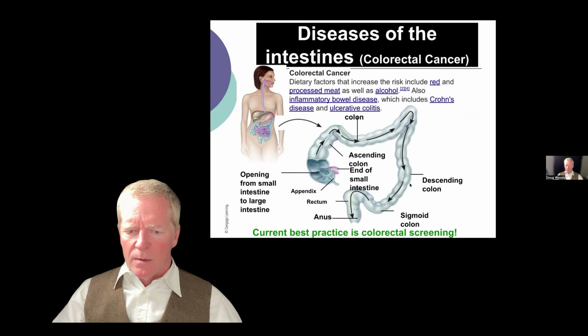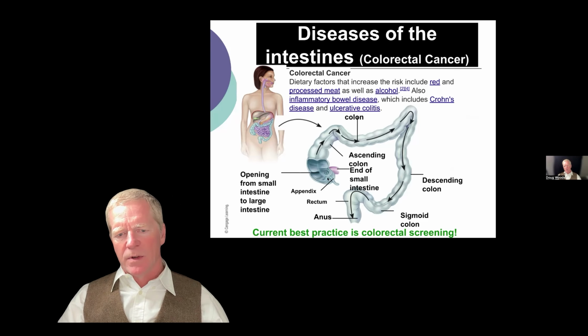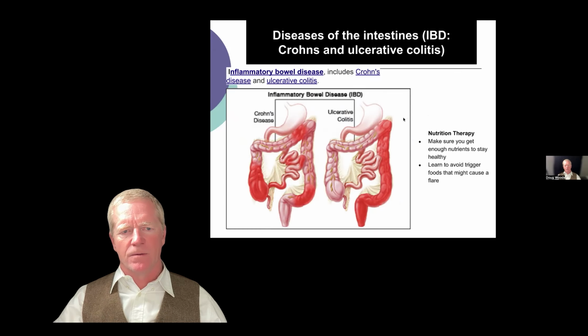So currently, our best practice to prevent colorectal cancer is early screening. If your family has a history of colorectal cancer, it is a good idea to get a colorectal screening from a fairly early age. Other than that, most people should get colorectal screening at age 50.